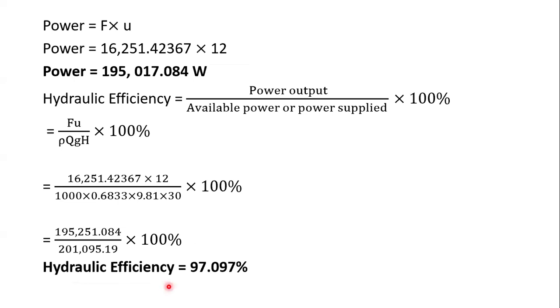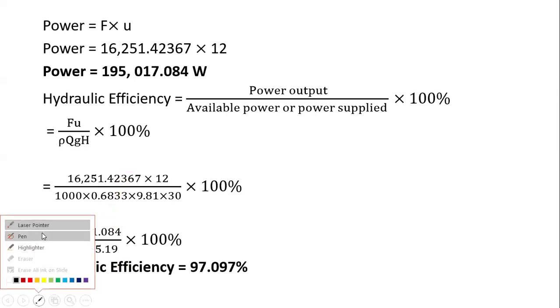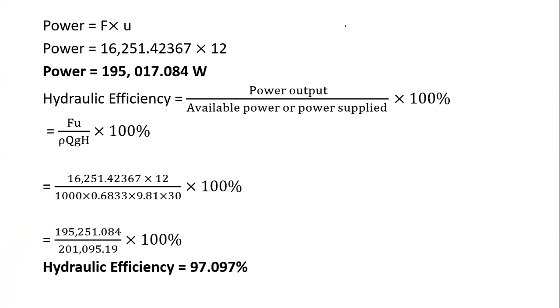Let's go for the power. Power, because we've just found the force, power is force times velocity. How? Let me just quickly illustrate in case. Remember that we say power is work over time. That's the definition. The rate at which work is done. That's power for you. Now, when you look at this work, work is the force multiplied by distance.